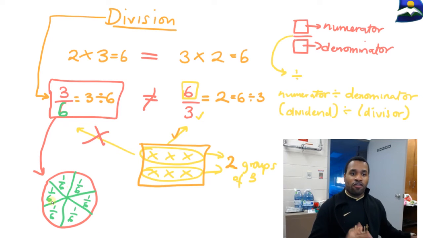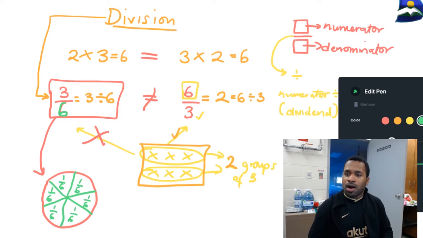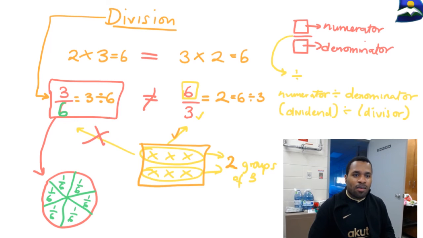Therefore, if we want 3 over 6, it means that we need 3 units of 1 over 6. And what does that mean? That means that we are going to do this particular shading, where we shade only 3 of the 1 over 6.